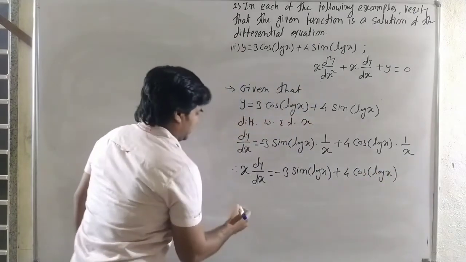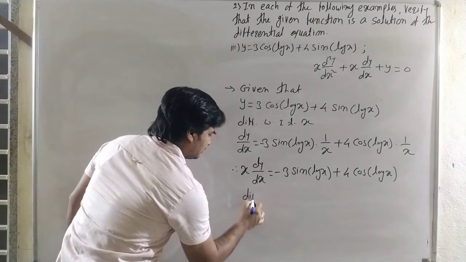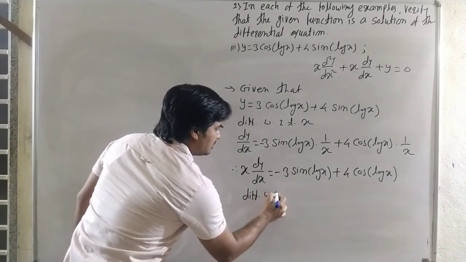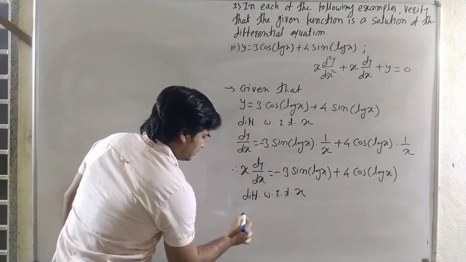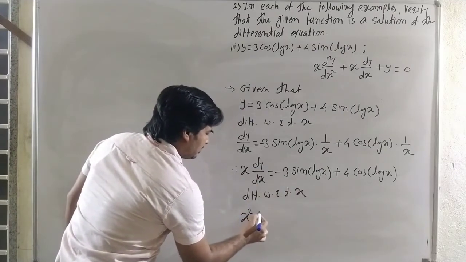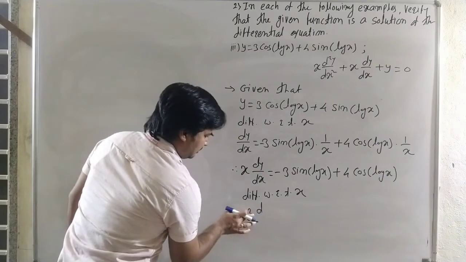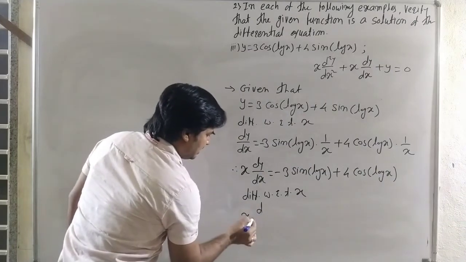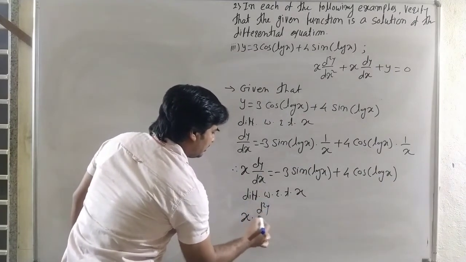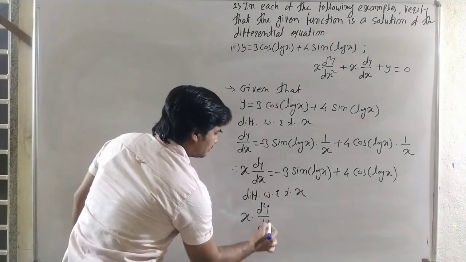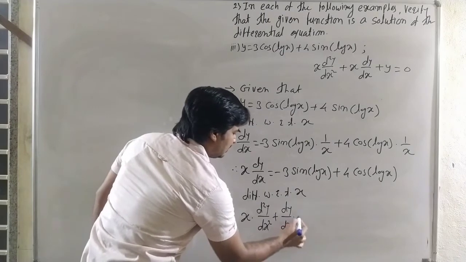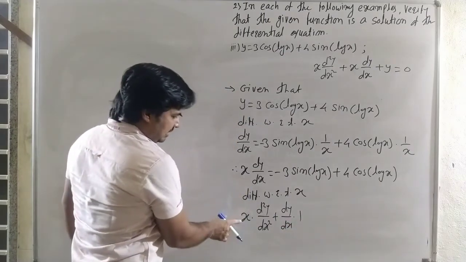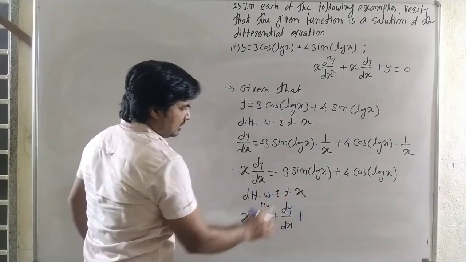Now again differentiate with respect to x. Here x into dy by dx, the derivative is x square d2y by dx2 plus dy by dx as it is, derivative of x is 1. First as it is, derivative of the second, then second as it is, derivative of the first.